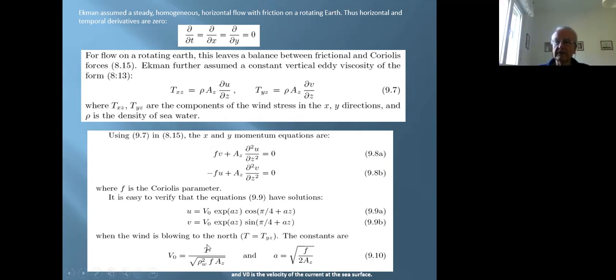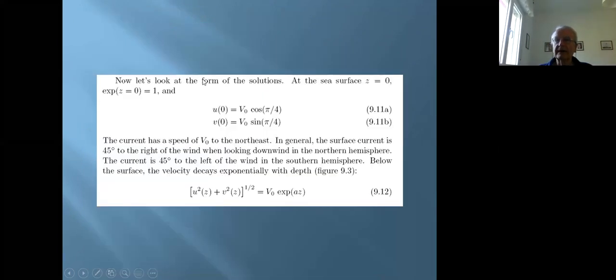Here we obtain the constants for the case where the wind is blowing to the north, and we obtain this thing here. And so these are the solution, but in order to get the solution, we also have to define the boundary conditions.